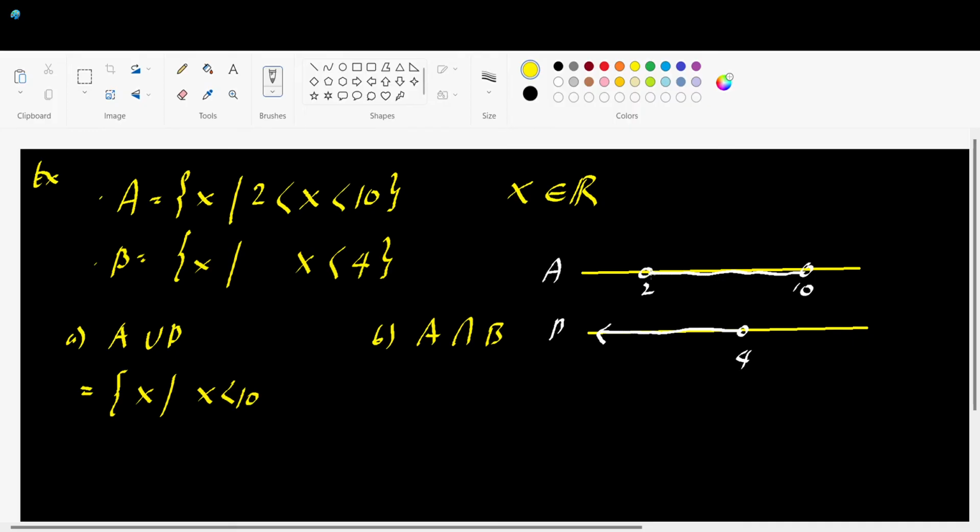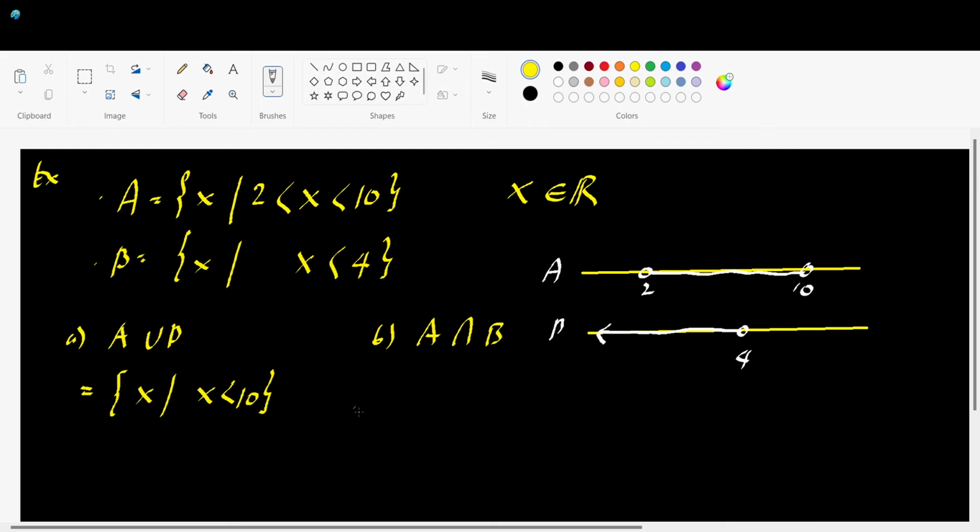Beyond 2 to the left, those numbers are contained in set B. Though set A consists only of numbers between 2 and 10, since we are to add the numbers in set B, which are all less than 4, combining the two will give a set of numbers where each element is less than 10.